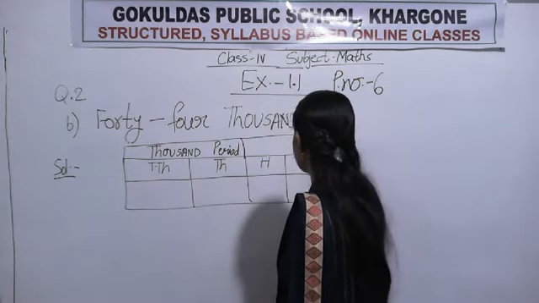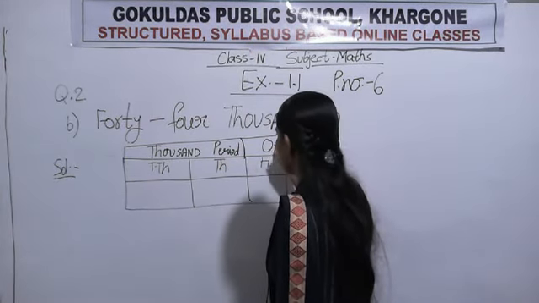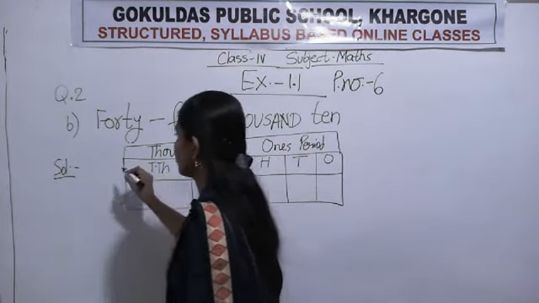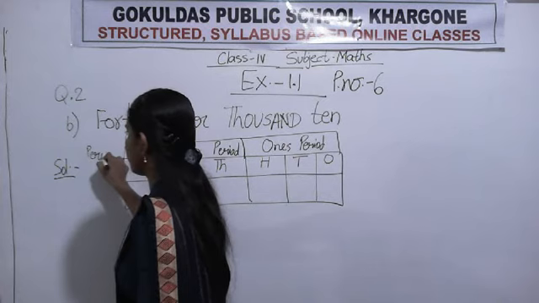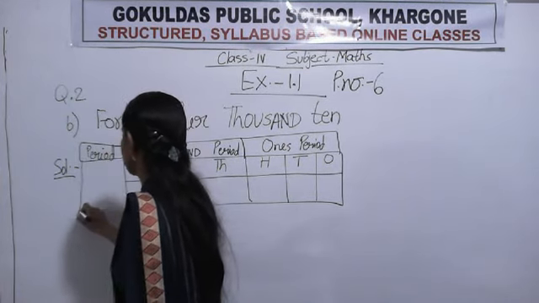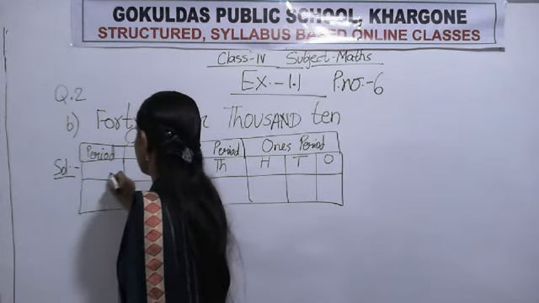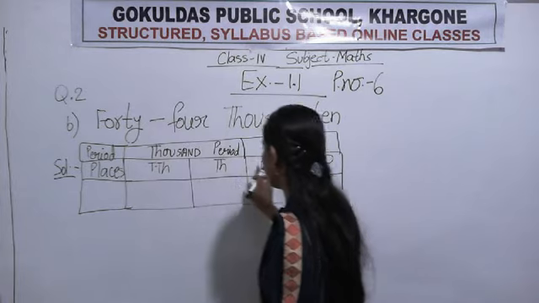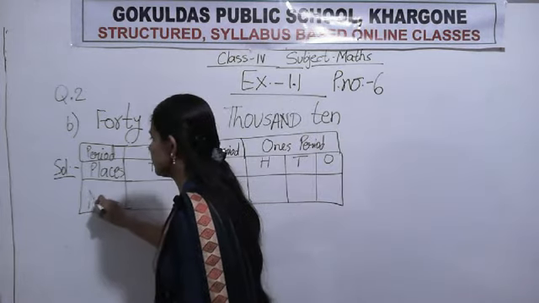And it is the ones period. This is the periods row and this is the place row. Here you write all the places and here you will write the number.